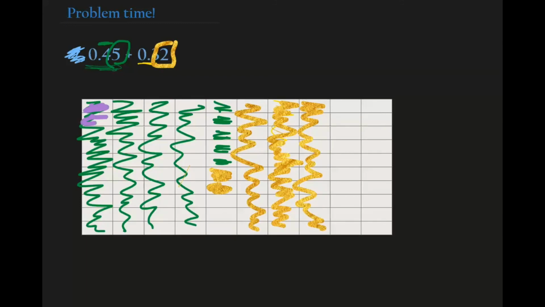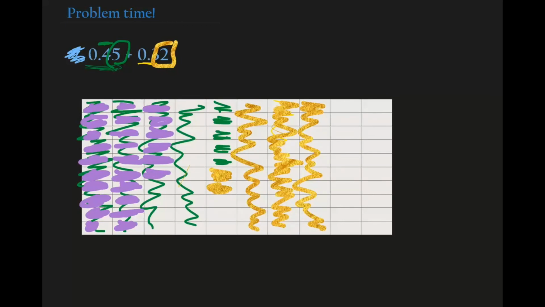So we have 1, 2, 3, and so on, counting up to 47.